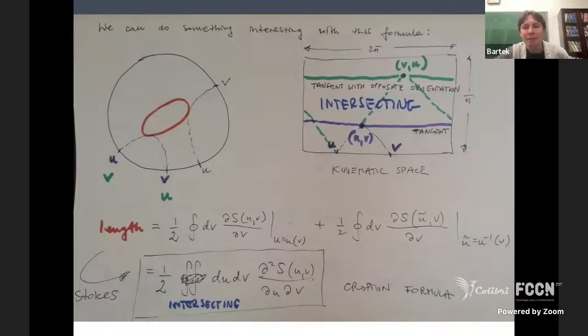The next thing to say is that this kinematic space here is a space of oriented geodesics. I know which endpoint here is the left endpoint and which endpoint is the right endpoint of the geodesic. So when I draw a geodesic for you, I'm really actually specifying 2 points on the right-hand side. I specify the point (u, v), but at the same time, I also specify the point (v, u).